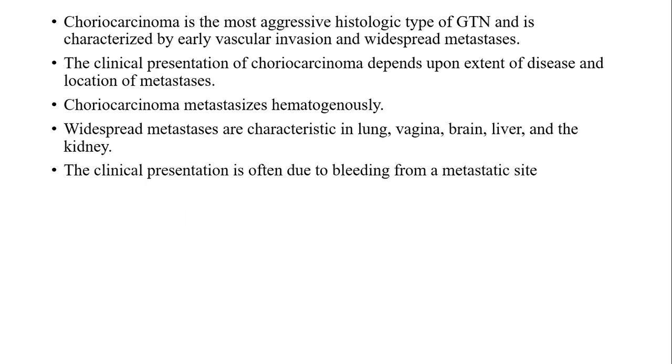It is the most aggressive type of the GTNs, characterized by early vascular invasion and widespread metastases. Clinical presentation will depend on the extent of disease and location of metastases. Metastases occur mainly to the lungs, vagina, brain, liver, and kidneys.